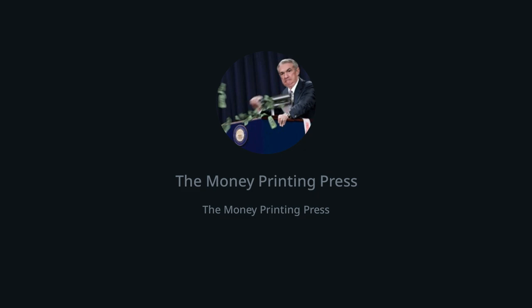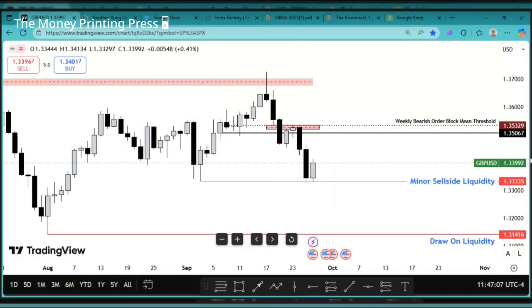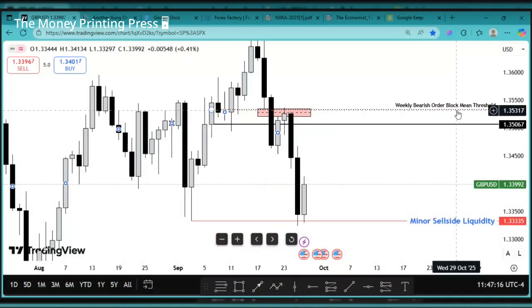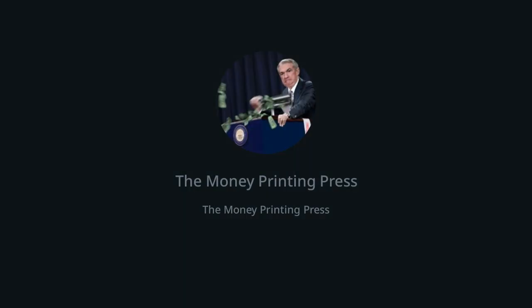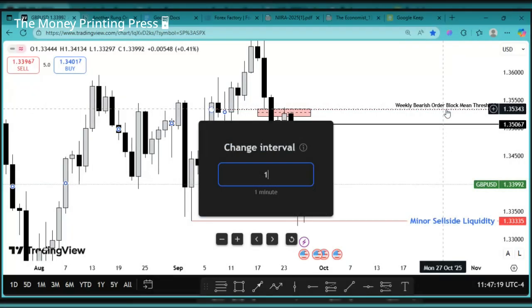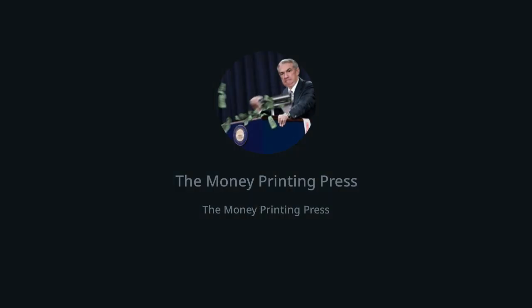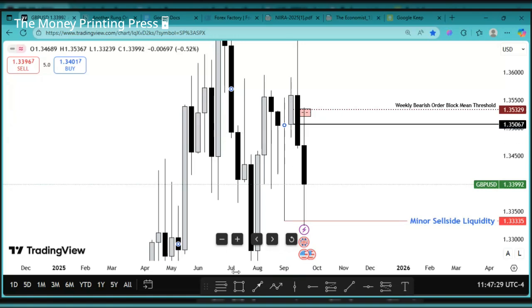So what did I base my analysis on? This gap here. You can see another gap, and you can see the weekly order block mean threshold. What is the weekly order block? Now, this here is another block. Remember, this is now 1 week. So the midpoint of this particular candle is the mean threshold of this order block.